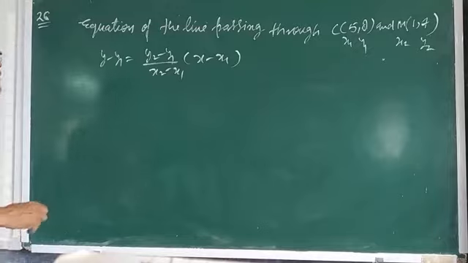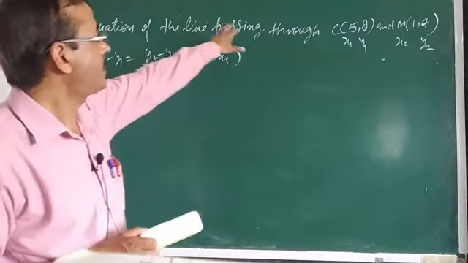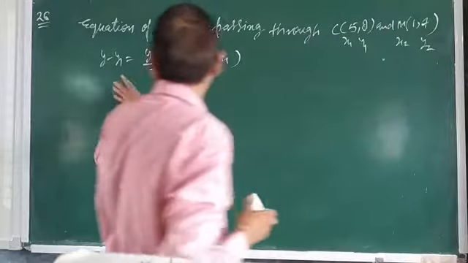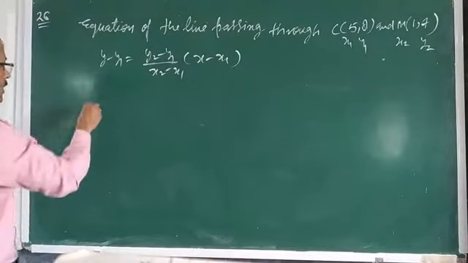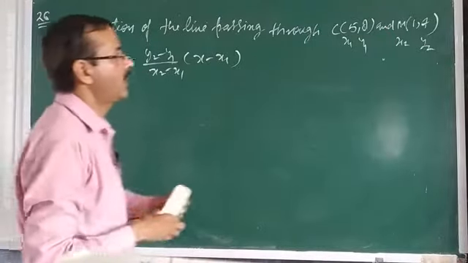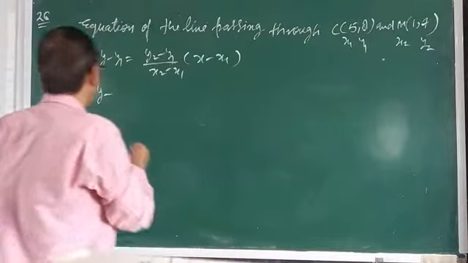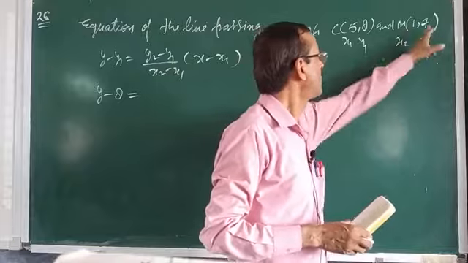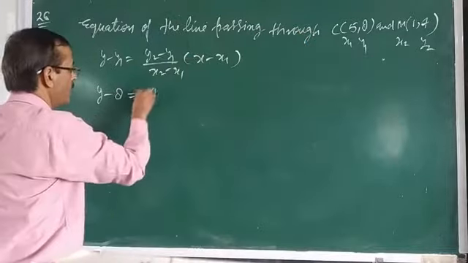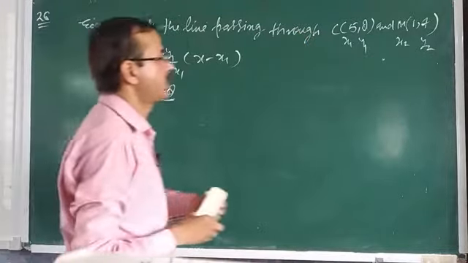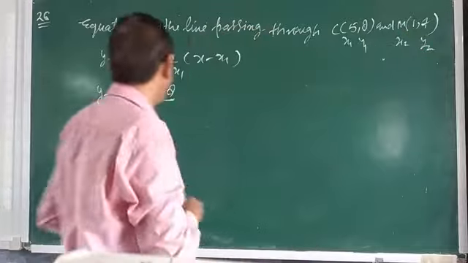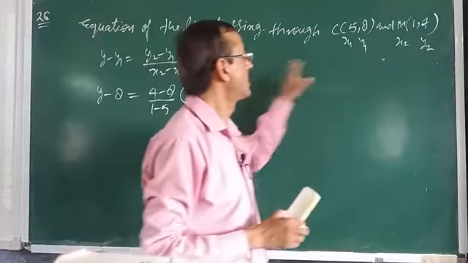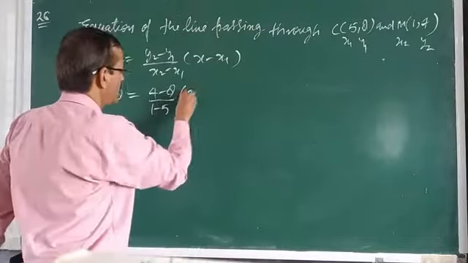Now student, the equation of the line passing through (5, 8) and (1, 4). Apply the formula. Write down y minus y1, which is 8, is equal to (y2 minus y1), 4 minus 8, upon (x2 minus x1), 1 minus 5, times (x minus x1), x minus 5.